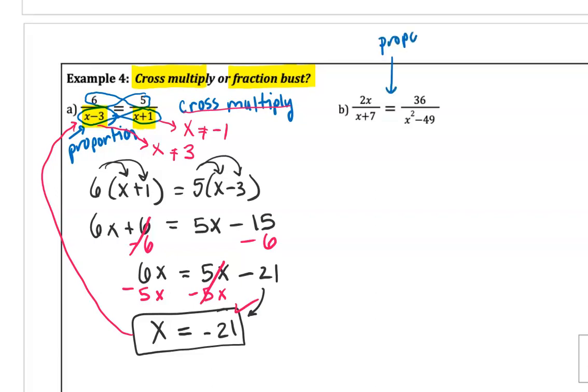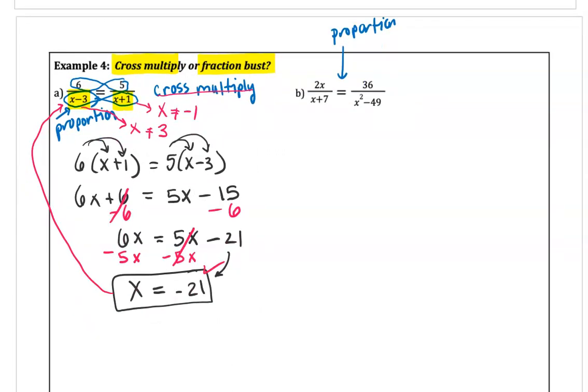But if you notice over here, it again is another proportion. I have a proportion here because it's this ratio equal to that ratio. But what I notice, if I factor this denominator here, I notice it's a difference of squares, and it factors into x plus 7 and x minus 7.